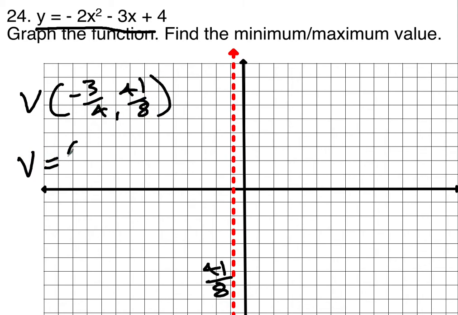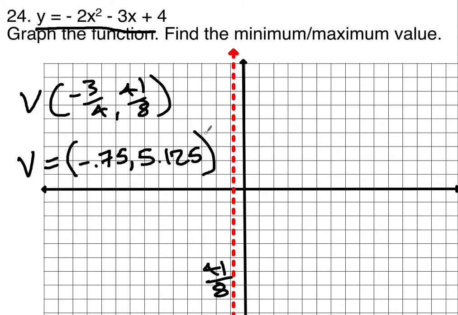If you like decimals better, that's negative 0.75, comma, 8 goes into 41 five times, and then there's 1 over 8, so that's 0.125, I think. I hope. Anyway, it's close to that. Yeah, that's right.